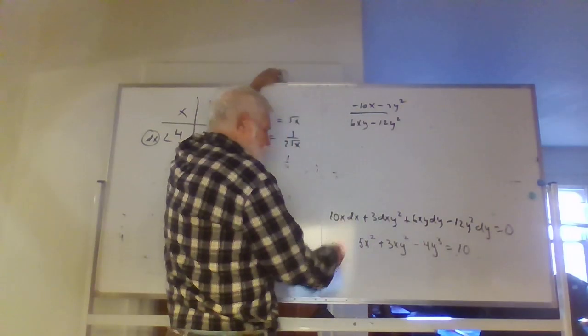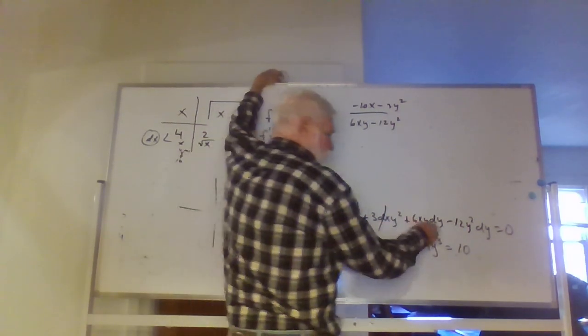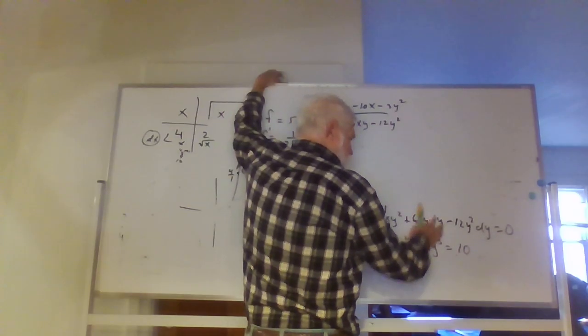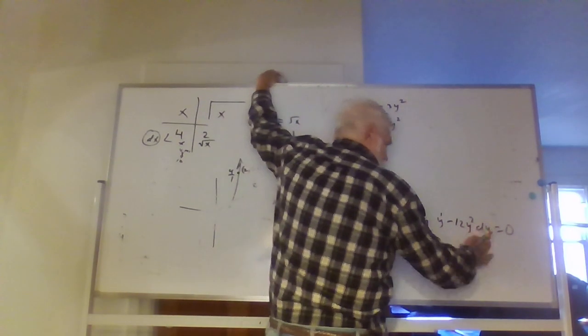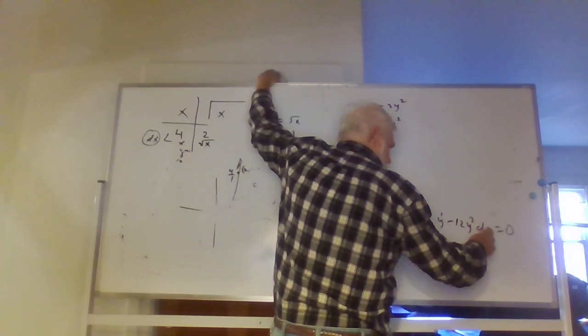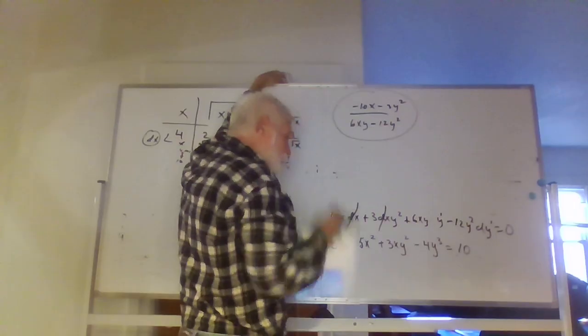When I divide by dx, that will cancel, but I will get y prime over here. So this is what you will be doing eventually, not writing out that line of work, but hopefully going straight to this one. By the end of the term, hopefully just writing your answers if we get enough practice.